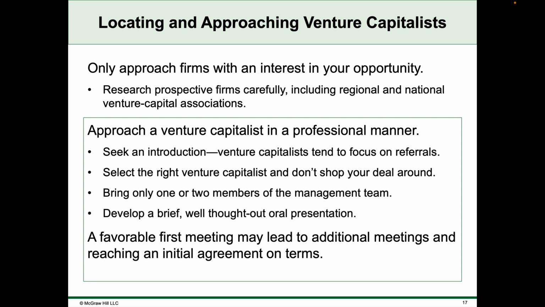You are not your business. You're seeking financing for your business, but when you receive a no, they're not rejecting you, the person. They're rejecting the business. So it's really important to keep this idea in mind. That way you don't get too discouraged.